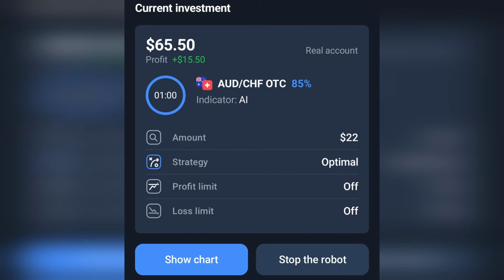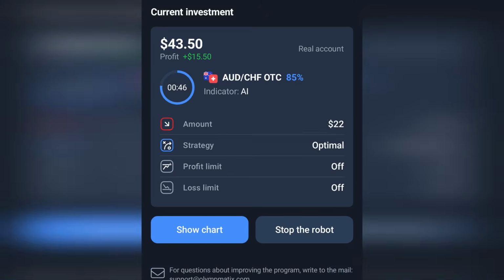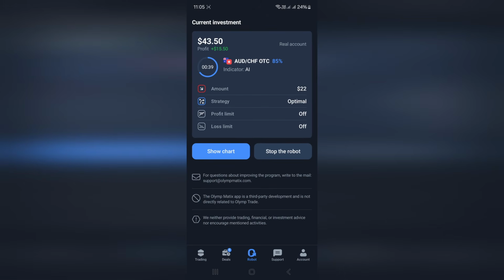Unfortunately, we lost the fourth trade. Since I chose the optimal strategy, the bot will now place a trade with double the amount we lost. This way, we'll be able to earn profit as well as recover from the loss. We won that trade and profited over $18.